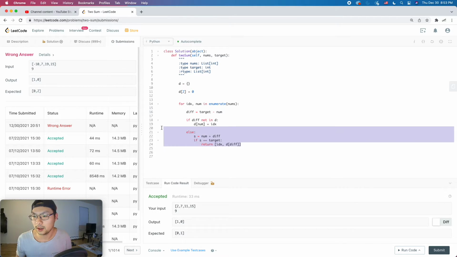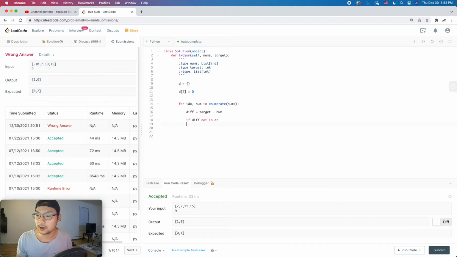So we're going to store the current number, number index, so that later on it can search for the difference. Otherwise, else if it found the difference, then we're going to return a list of the index and difference.